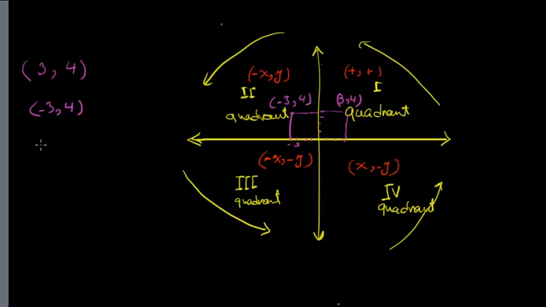Let's say we have -3 and -4. -3 is here, and we have -4, 1, 2, 3, 4. We plot the dot, and we have -3, -4. Let's say we have +3 and -4.